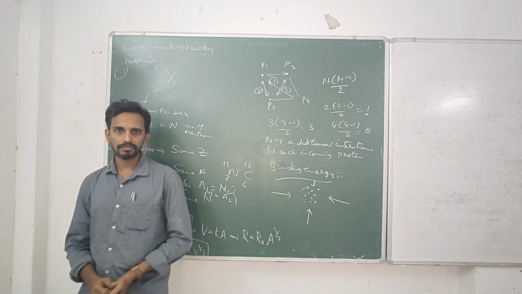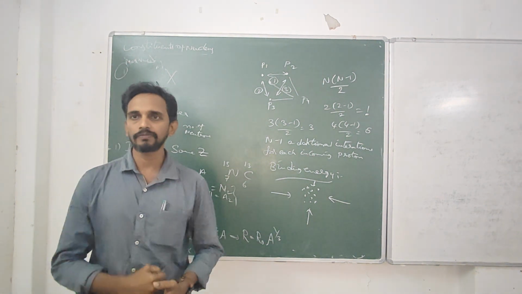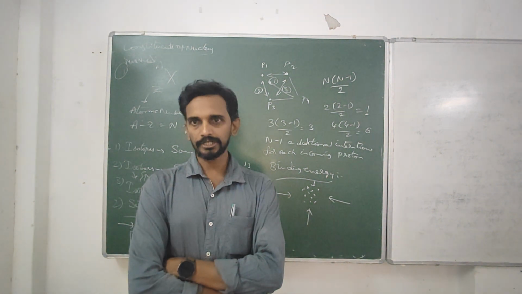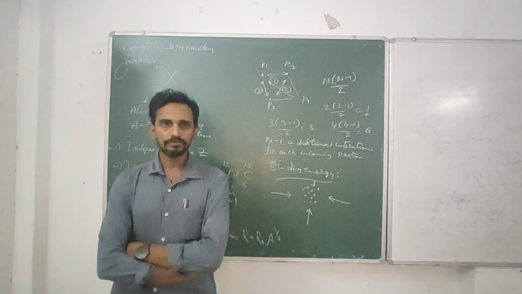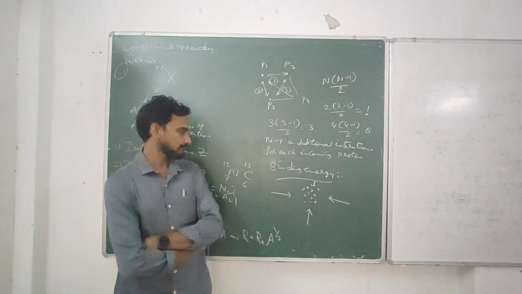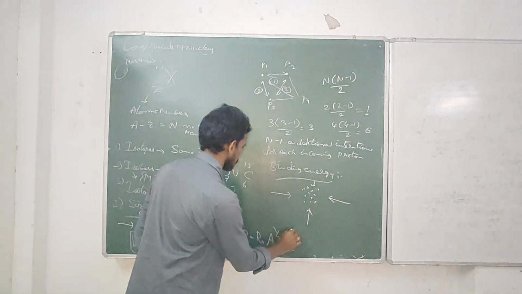That's not called binding energy. The energy removed to keep repelling particles together is the binding energy. So for that, we will be removing energy from it. So the energy is what?